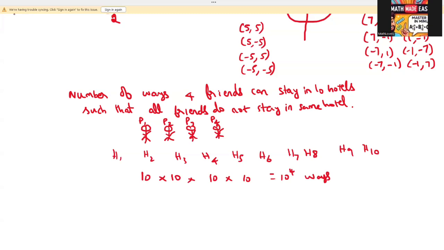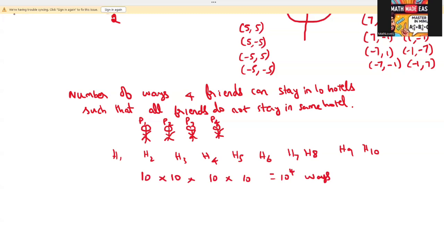But there is a restriction here. The restriction is all the friends do not stay in the same hotel. Meaning all P1, P2, P3, P4 cannot go to a single hotel. If all four had gone to hotel 1, that's a wrong way.